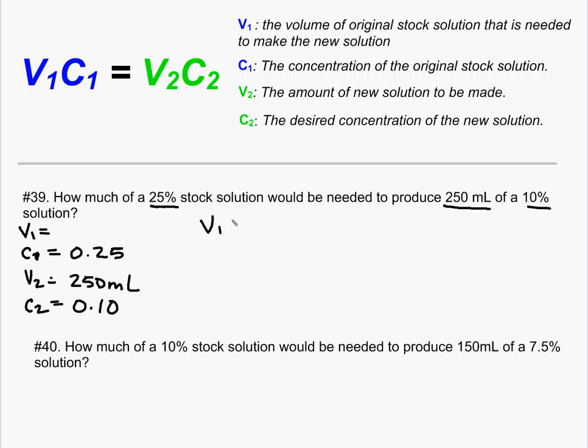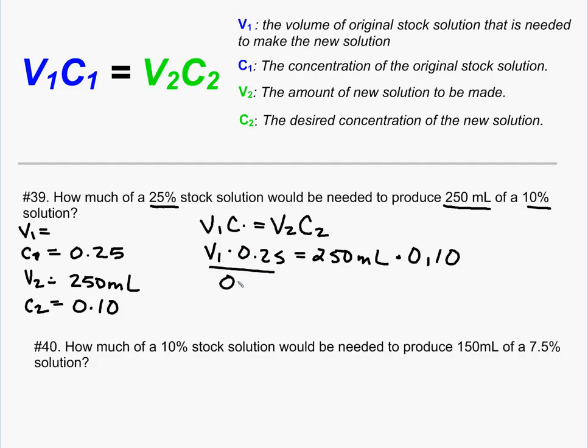And now I'm going to put that into the formula and fill in my variables. V1 is my unknown, times 0.25 is equal to 250 milliliters times 0.10. I need to get V1 by itself, so I'm going to divide by 0.25.